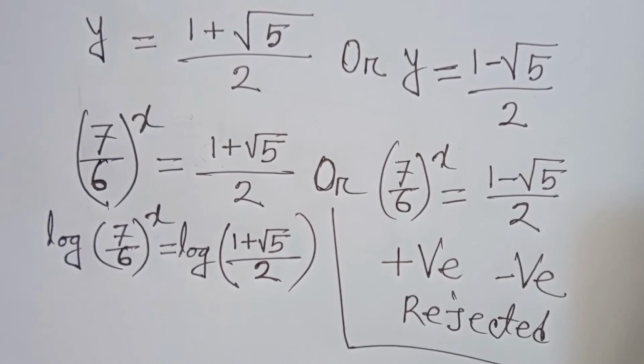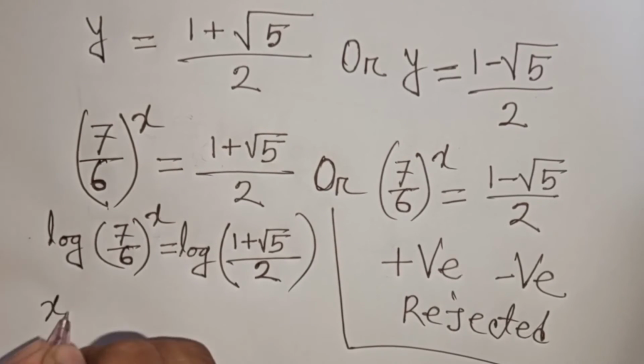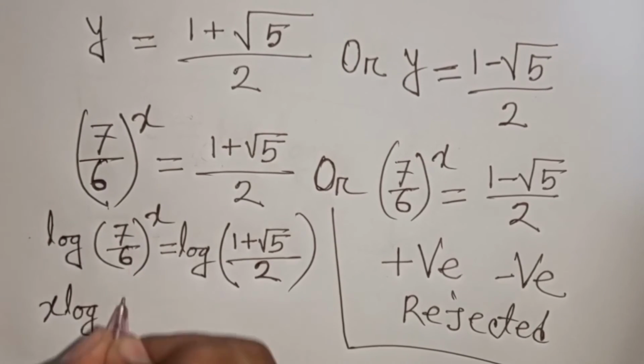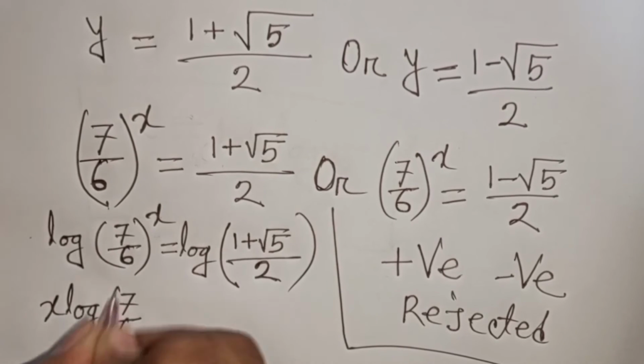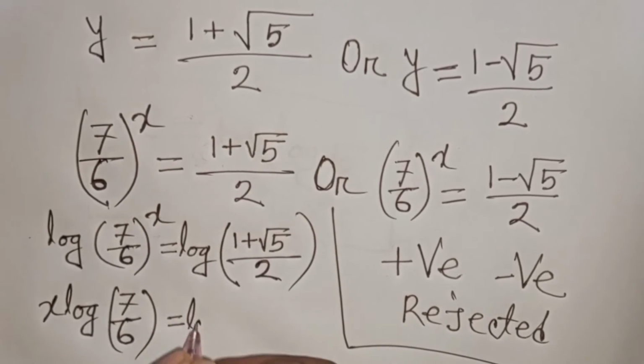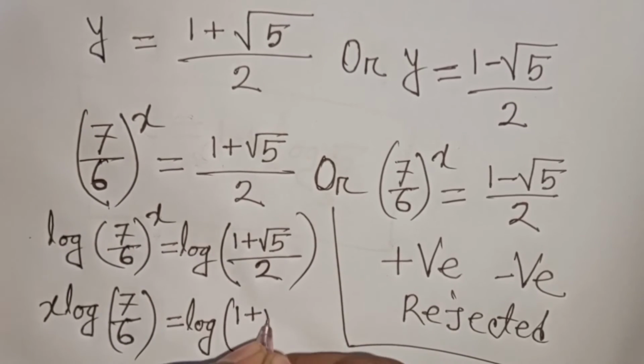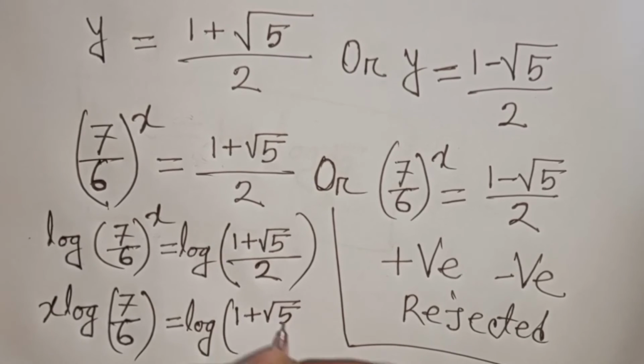Now this power x will move to the front, so it will be x log 7 over 6 is equal to log of 1 plus a square root of 5 divided by 2.